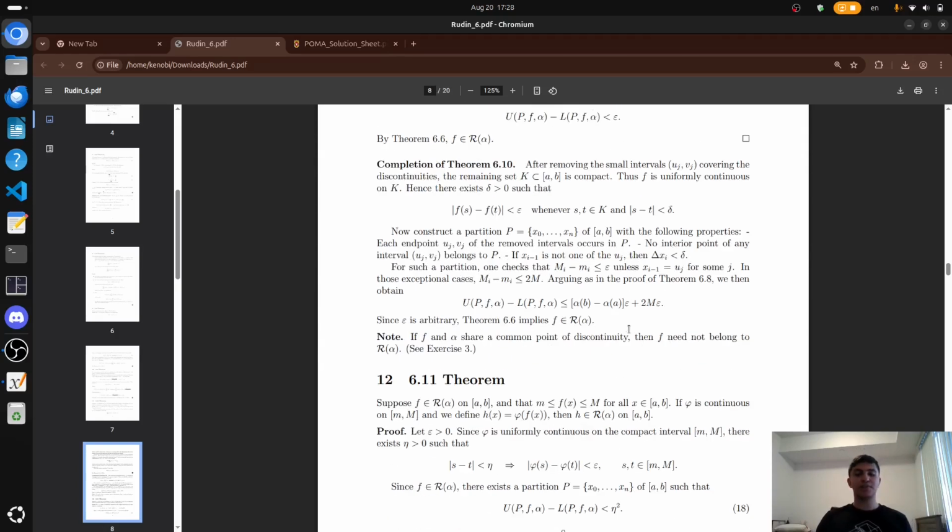If you want to explain the strategy at the end, we want to get rid of the discontinuities. When we're getting rid of the discontinuities, we're not getting rid of the endpoints.